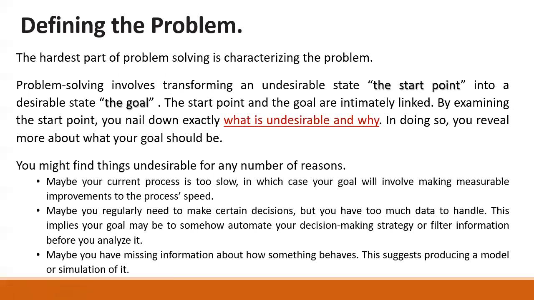You might find things undesirable that you need to move away from. As I said, it's undesirable to be hungry, but there are other things that are undesirable. Maybe there are processes that are frustrating. Maybe our customers are not well treated by the systems. Maybe we're losing customers.